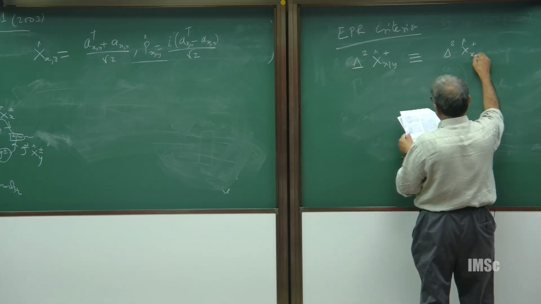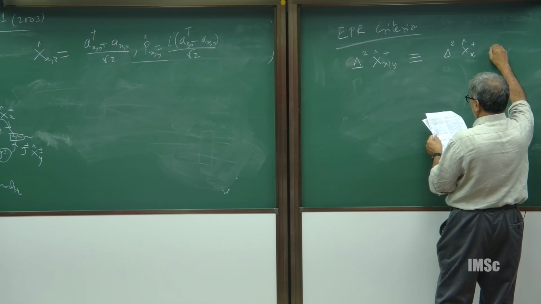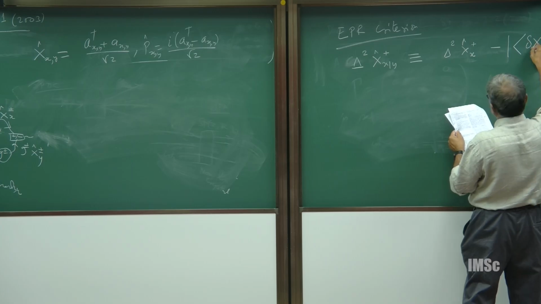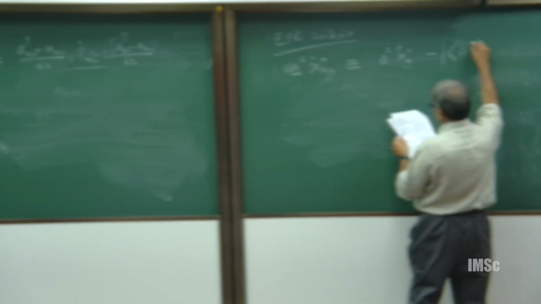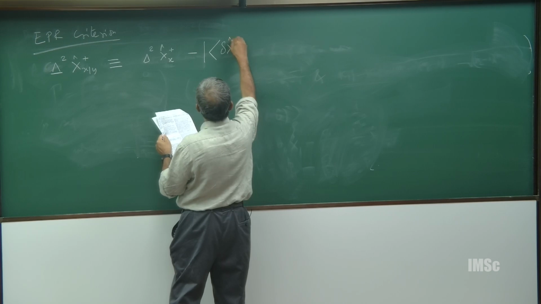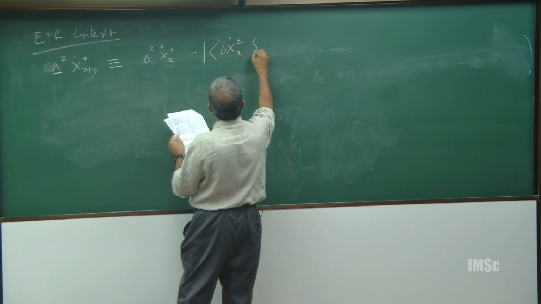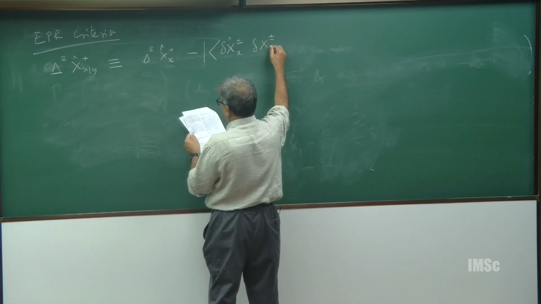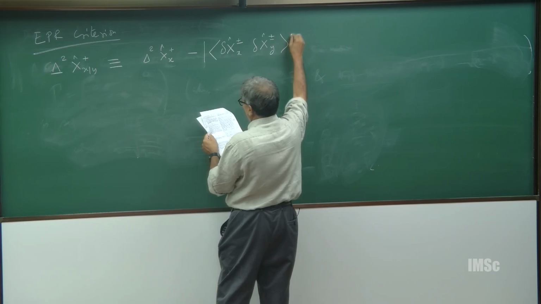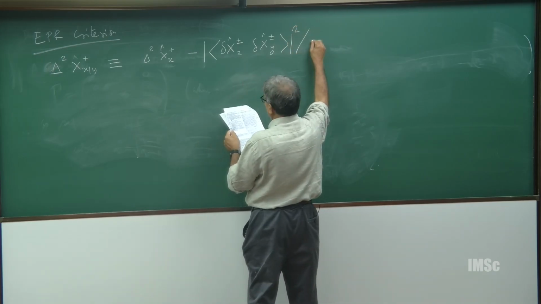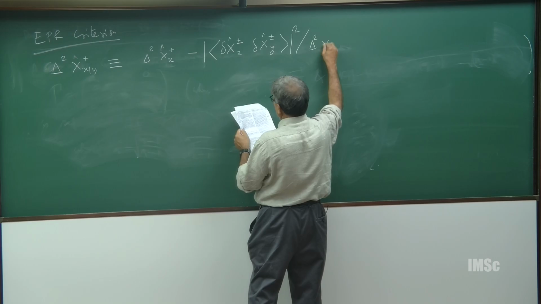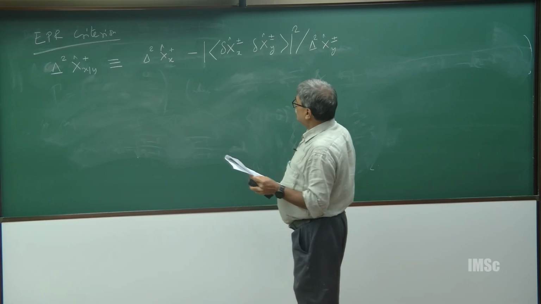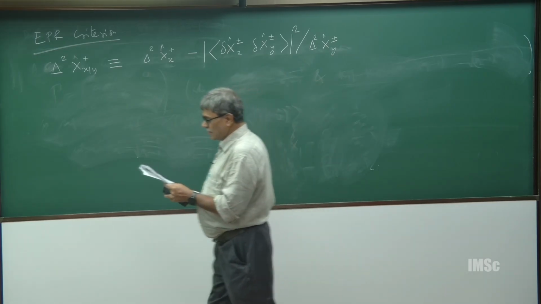And then it is x minus delta of x plus minus, this should be hat, and then this is x delta of x plus minus y, this should be hat, and this is square, divided by delta square of x plus minus y, okay. So, now what are these? Let me first write down.